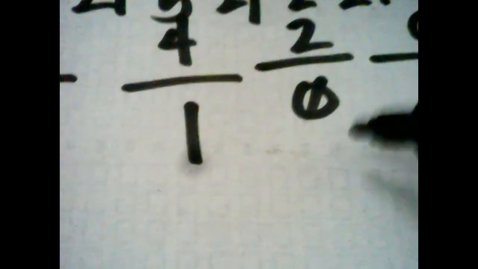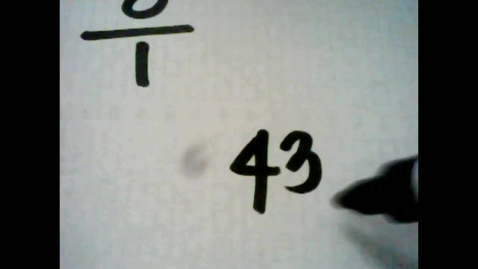So we have 1, 0, 1, 0, 1, 1. Okay, so the answer in converting 43, which is a decimal number, is equal to 101011. Okay, so this is our answer.